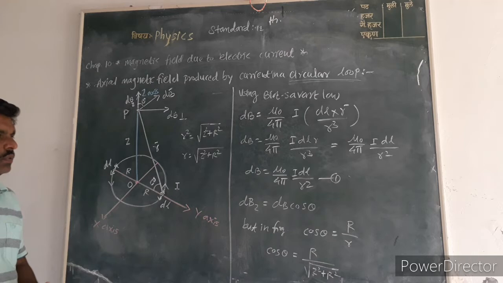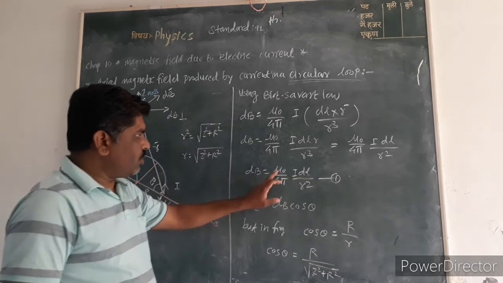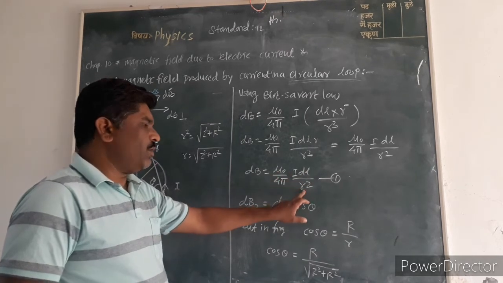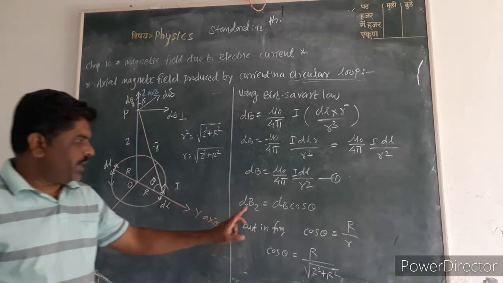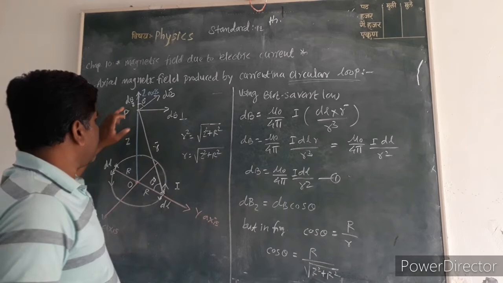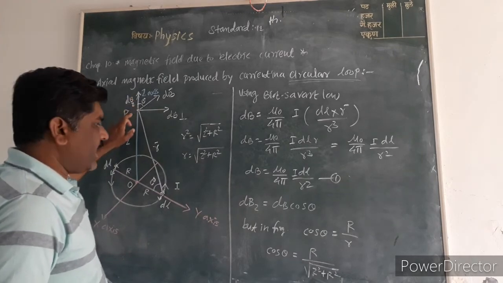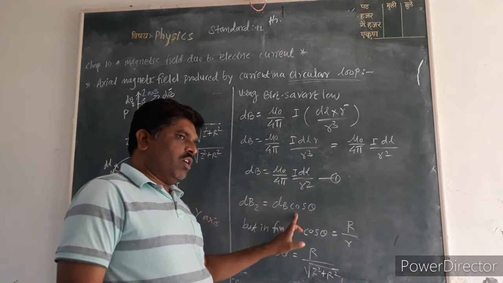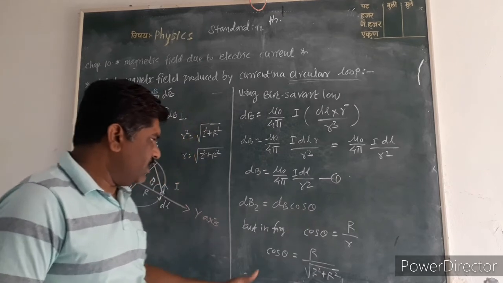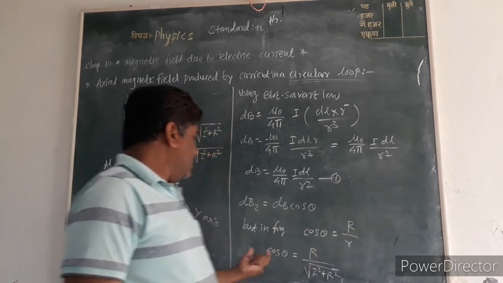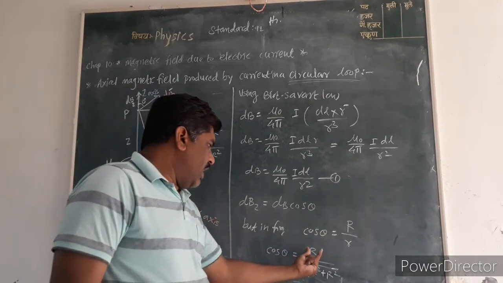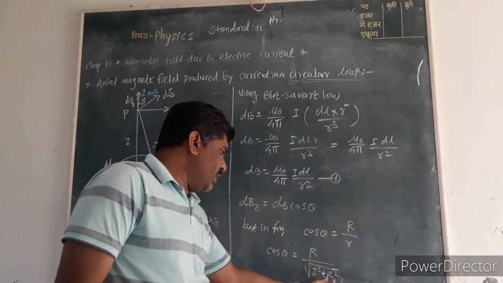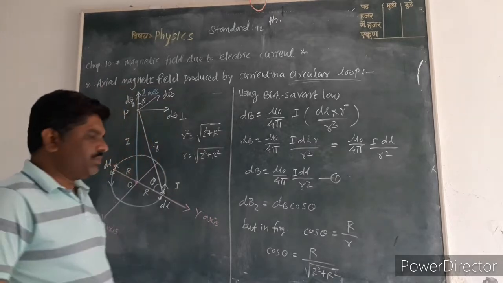We get the first equation, dB is equal to mu 0 upon 4 pi, I dl upon r squared, using the Biot-Savart law. dBz is the magnetic field along the z-axis, dB cos theta, and using this triangle, the value of cos theta is R upon under root z squared plus R squared.